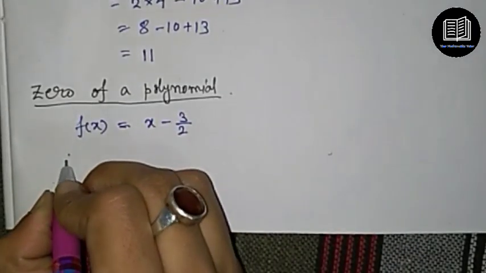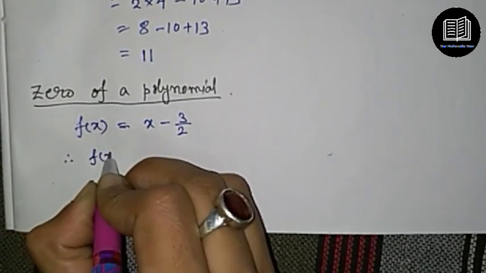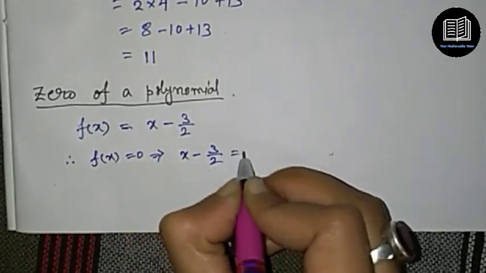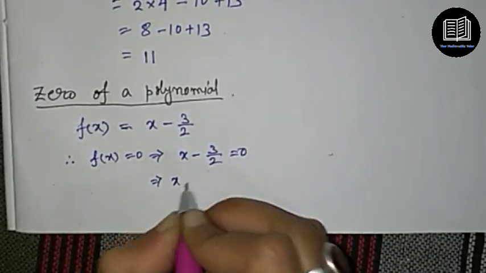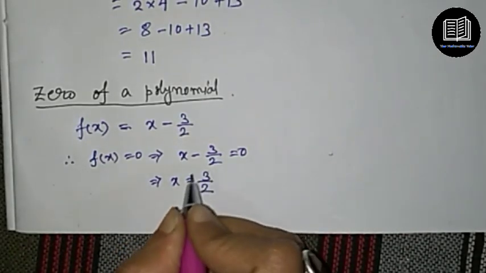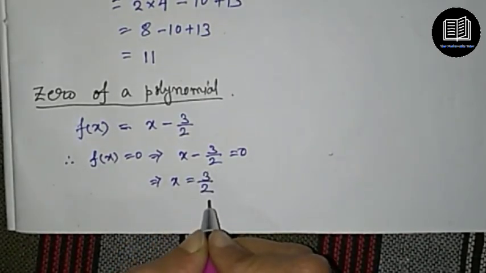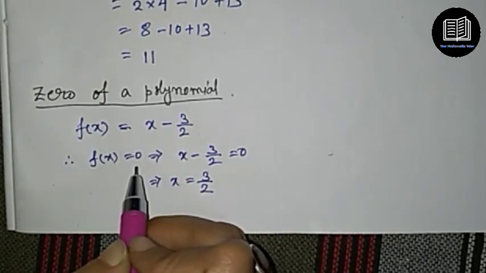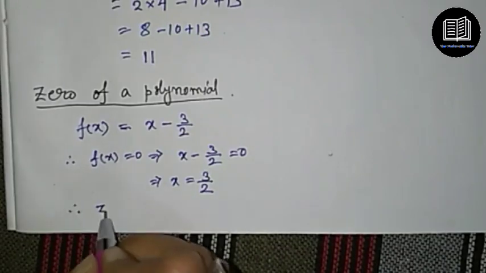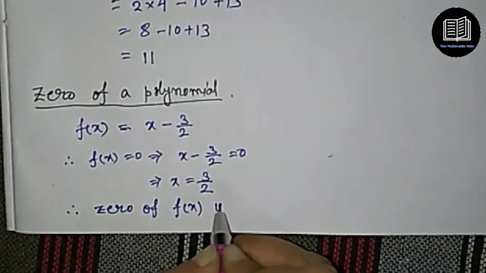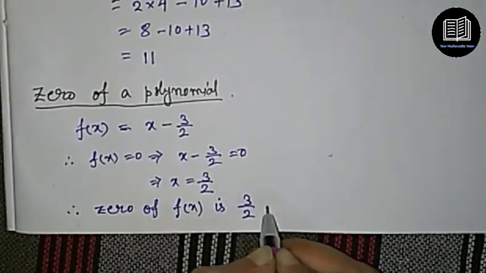So if f(x) equals 0, then x minus 3 by 2 equals 0, that is x equals 3 by 2. Hence the zero of the polynomial is 3 by 2, because at this point the polynomial becomes 0. Therefore zero of f(x) is 3 by 2. Okay, next.